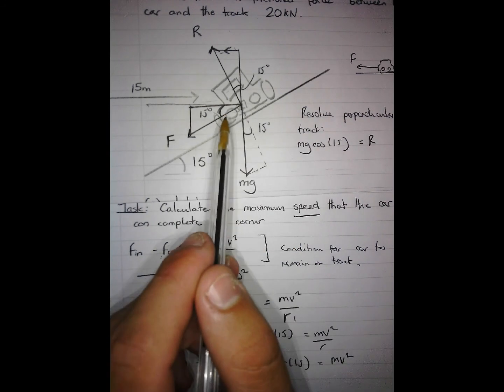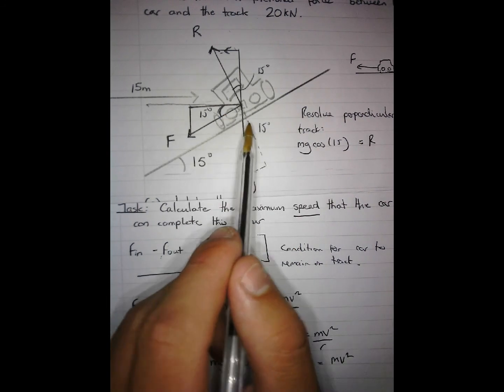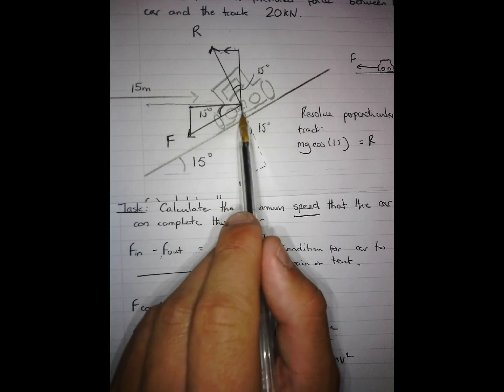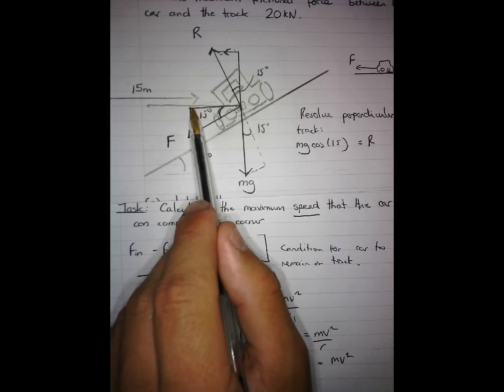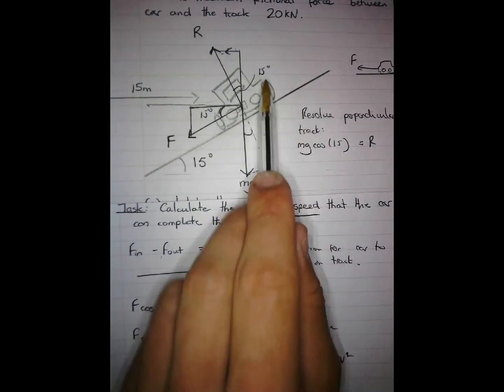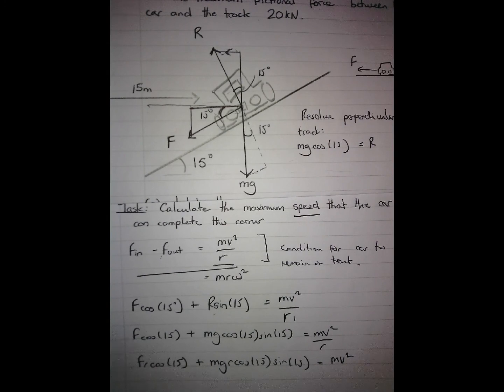Those two steps are always the first two steps for solving circular motion problems. And we saw that the horizontal component of the friction here, as well as the horizontal component of the reaction force, were the only two forces acting towards the centre of the track. There were no forces acting out, and then we solved the problem.